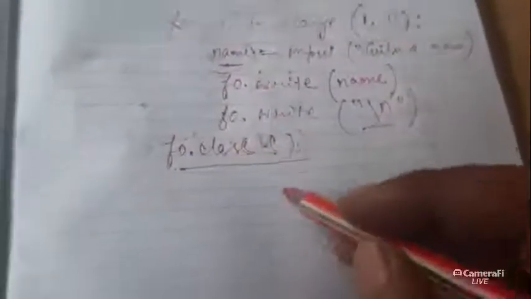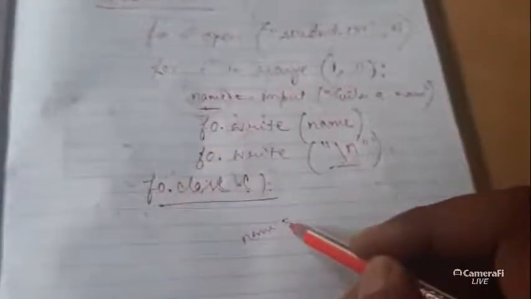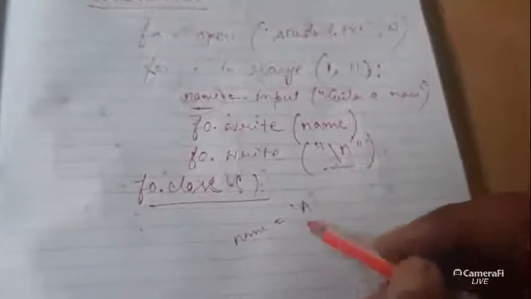So let's see how it works. Let's try to do a dry run on it. First of all, I have opened the file. Now it is running the loop. For the first time it is asking the name. Suppose for example I have added A. So what will happen, the student file is there, for example this is the student file. The A will be added, and then and there one \n is there, so \n will be added.